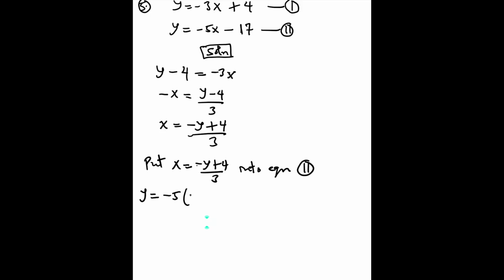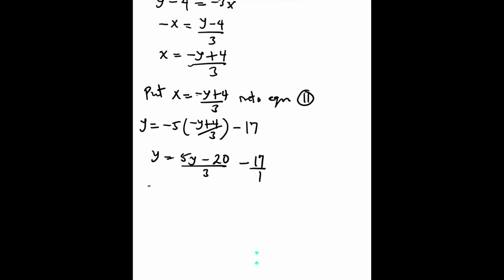Okay, so we put that into equation 2, that will be y equals minus 5 into minus y plus 4 over 3, minus 17. Okay, so that will be y is equal to 5y, since minus 5 times minus y gives us 5y, and minus 5 times plus 4 will give us minus 20. 5y minus 20 over 3 is equal to minus 17 over 1.